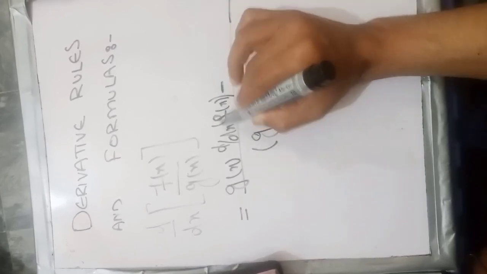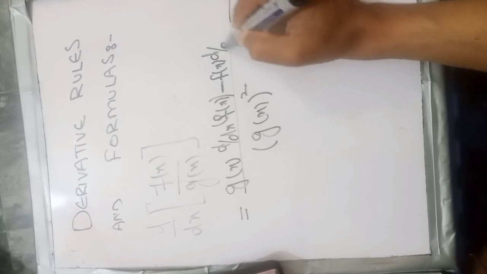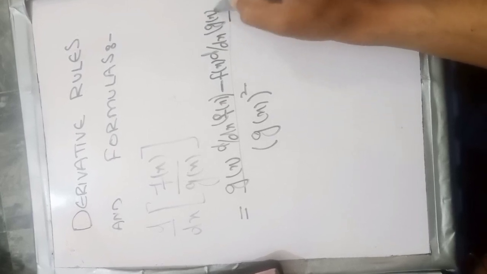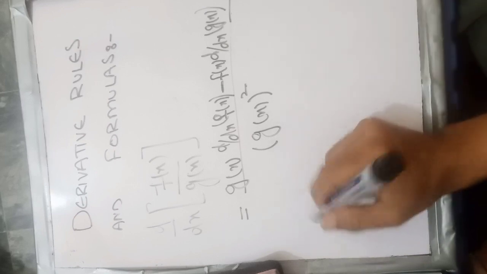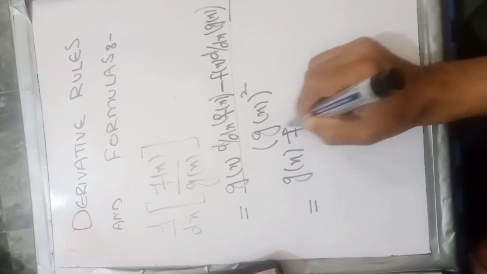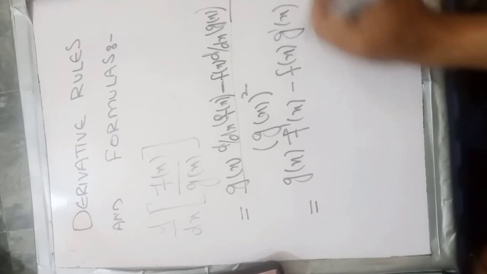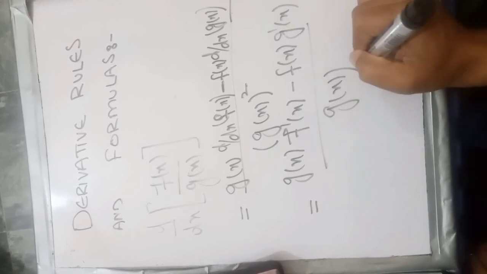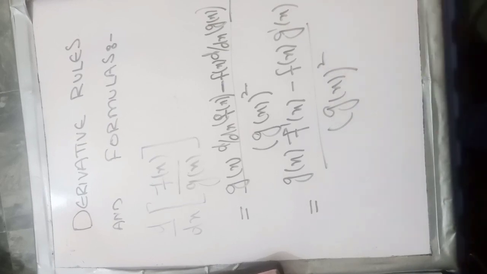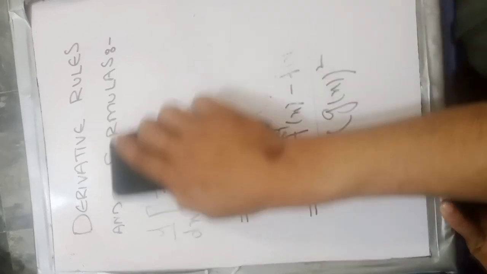Here we take minus, and now the numerator function f of x as it is, and the derivative of the denominator function g of x. So that is the rule which gives us g of x f prime of x minus f of x g prime of x over g of x whole square. That is the rule to differentiate numerator and denominator functions. So hope you can understand.